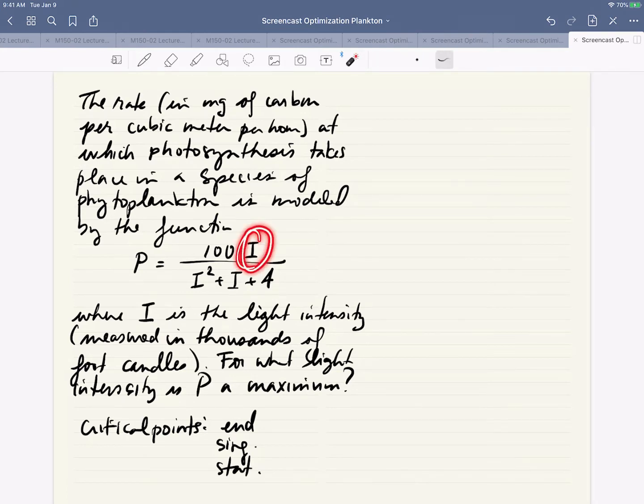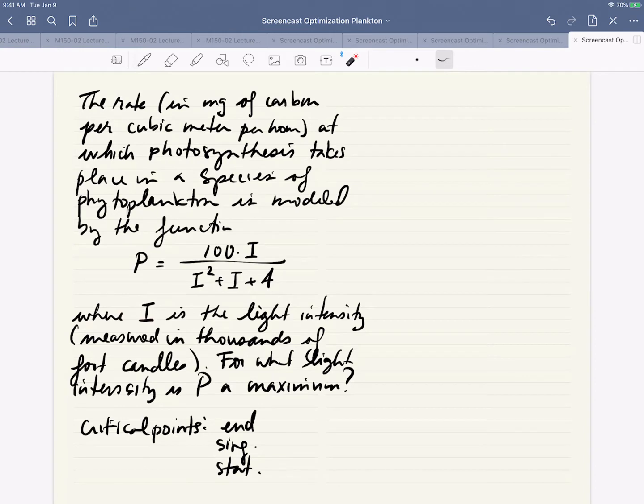Our independent variable in this case is light intensity. This photosynthesis function, it's a rational function. We know rational functions are continuous everywhere they're defined. If we look at this, we'll see in a second that this is defined for all real numbers.